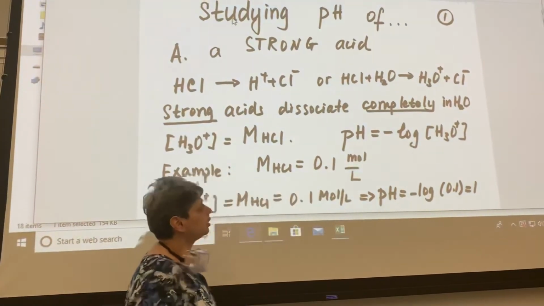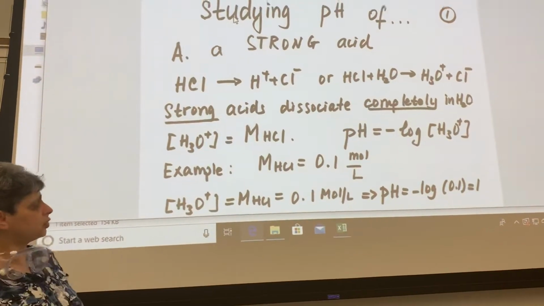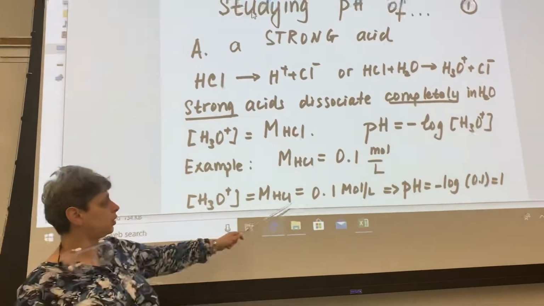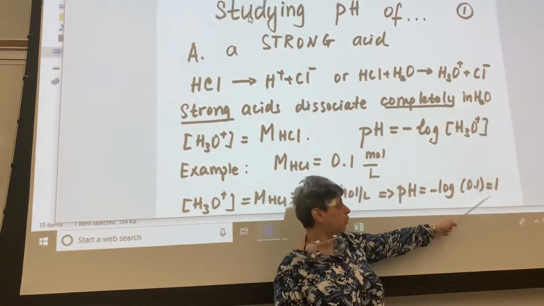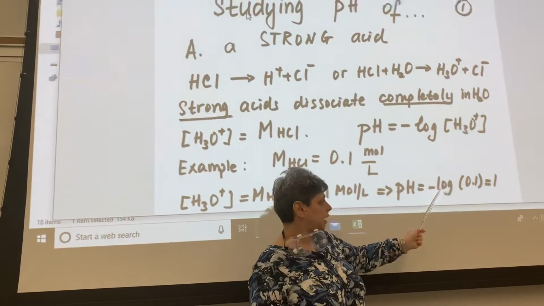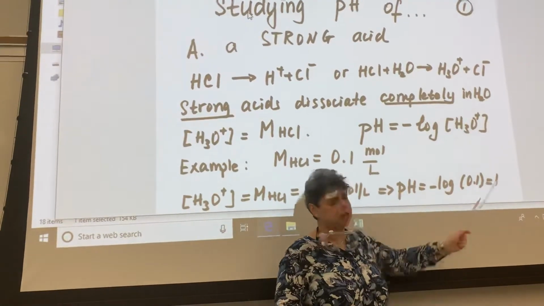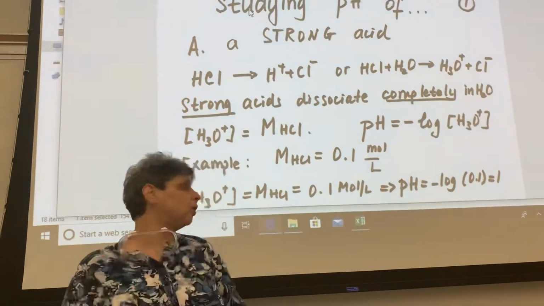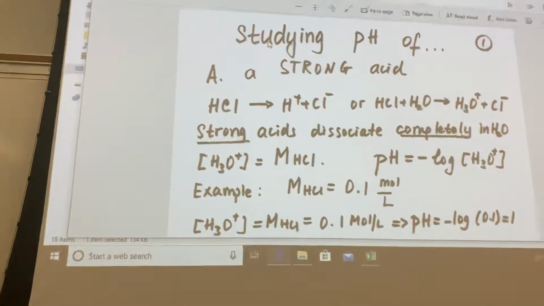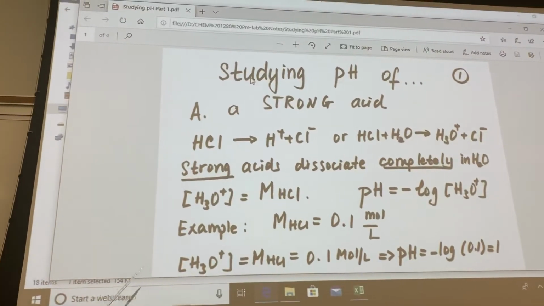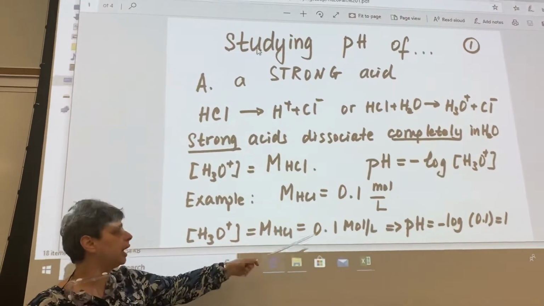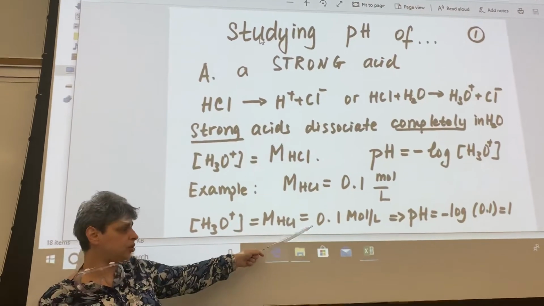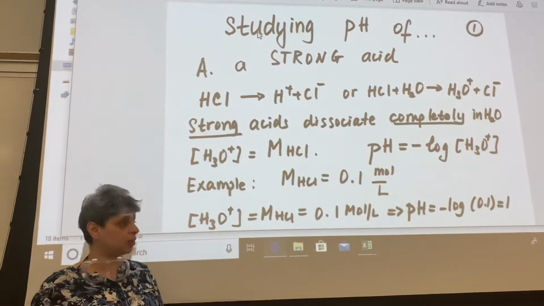So what would the theoretical pH be for a solution of 0.1 molar hydrochloric acid? The answer is pH would be expected to equal 1, because again, negative log of 0.1 is equal to 1. So the idea of this procedure is then to start with 0.1 molar HCl, which is what I'm going to do shortly, measure its pH, and see if we can get a value somewhat close to 1.